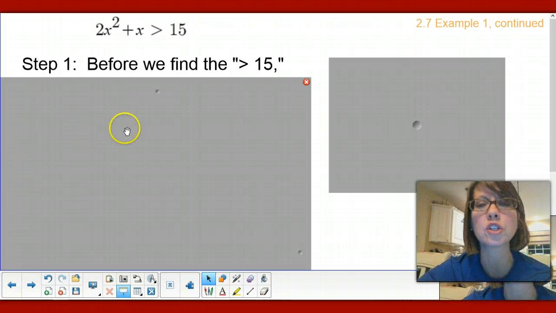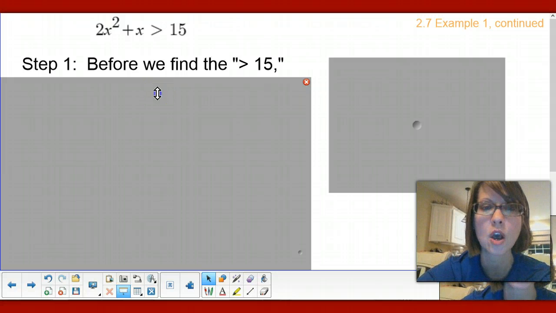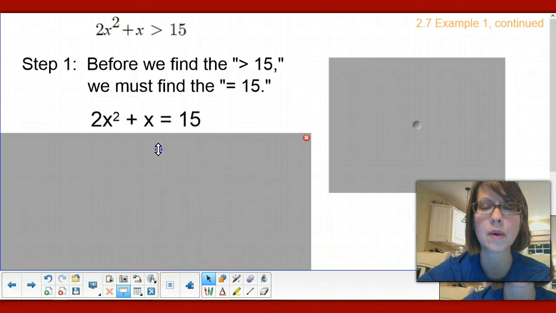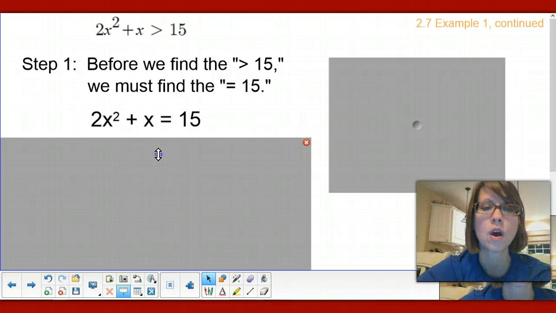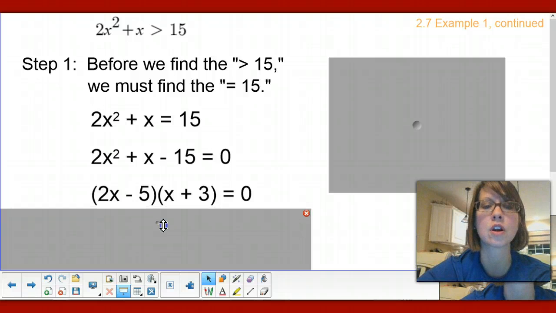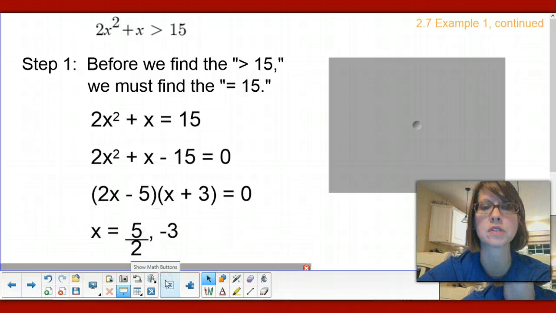If we're going to solve this algebraically, which is what you need to be able to do, before we find the greater than 15 for 2x squared plus x, we have to find the equals 15. So we set this up as a quadratic equation and solve it like one: make it equal 0, factor, and set each factor equal to 0.